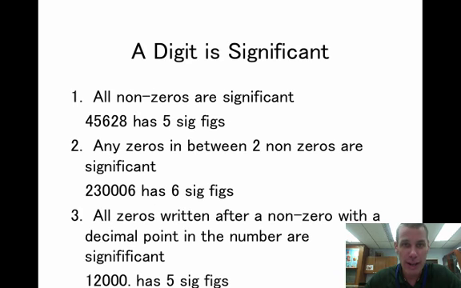So a digit is significant when you're reading numbers. A digit is significant if it's 1 to 9. If anybody writes a digit down and it's anywhere between 1 to 9, that is understood to be a measured value. So now all we have to do is worry about the zeros.